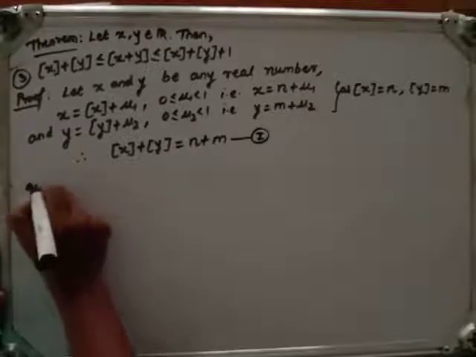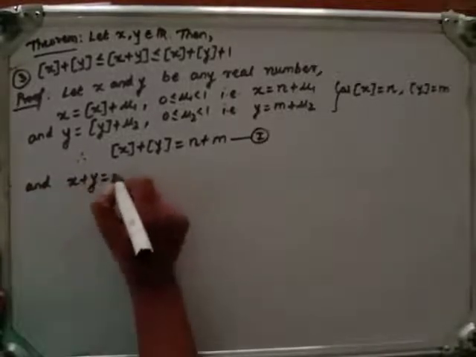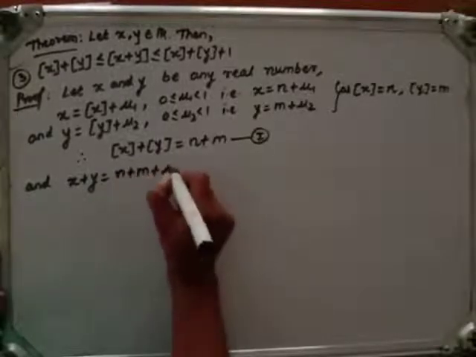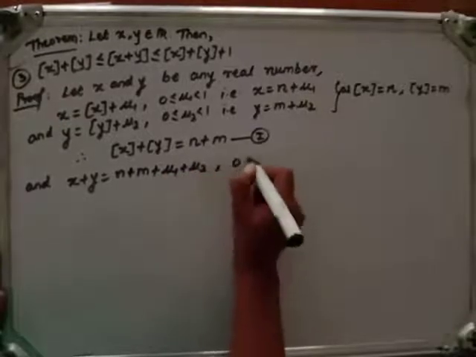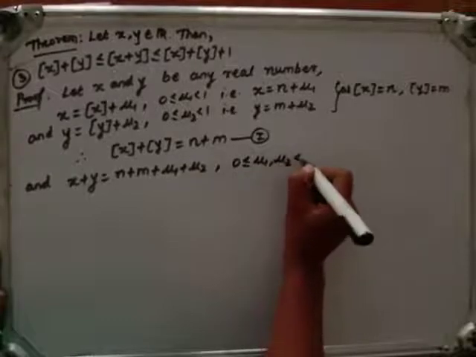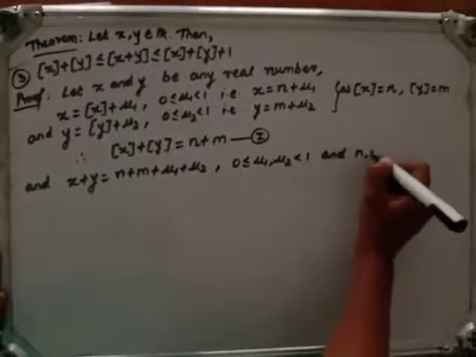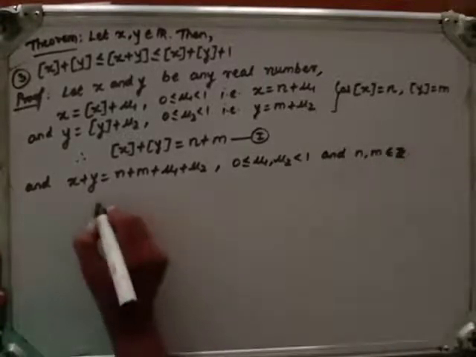Now what about x plus y? x plus y is n plus m plus mu1 plus mu2, where 0 is less than or equal to mu1 and mu2, which are less than 1, and n and m are integers.